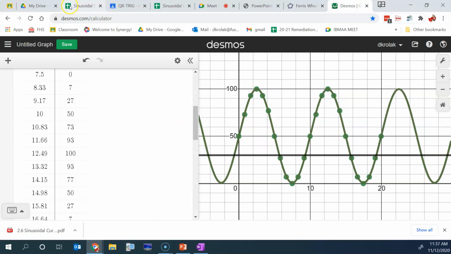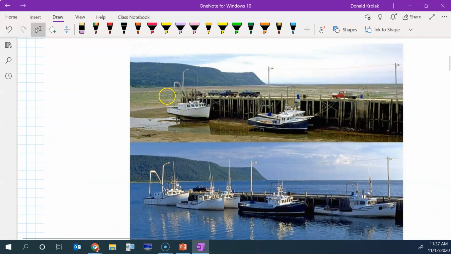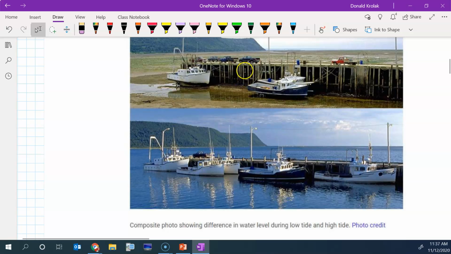Okay, and that's what this picture is right here. We'll look more at it tomorrow, but the largest tides in the world are in Nova Scotia at this place called Fundy Point. During the day, this is what the pier looks like. Actually twice a day it looks like this.